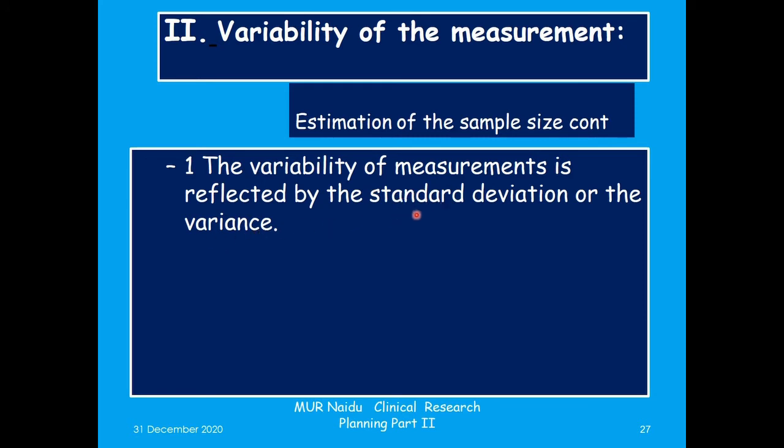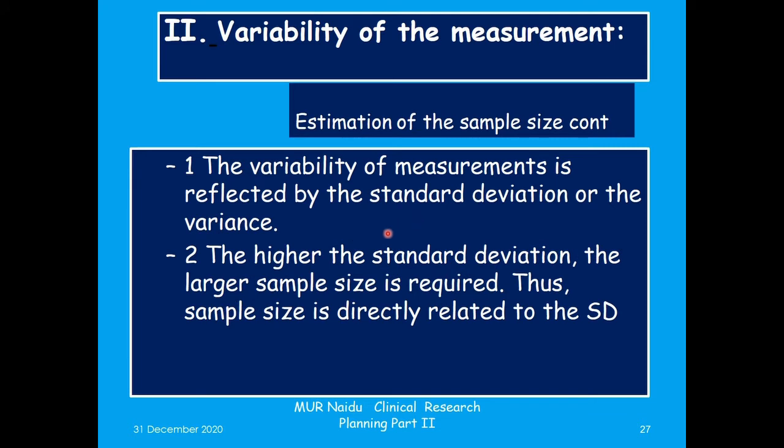If the standard deviation of a particular parameter is high, naturally you will need a large sample size to get a biostatistically significant value. So, the higher the standard deviation, the larger the sample size required. Thus, the sample size is directly related to the standard deviation of a primary variable which is considered in your clinical research.